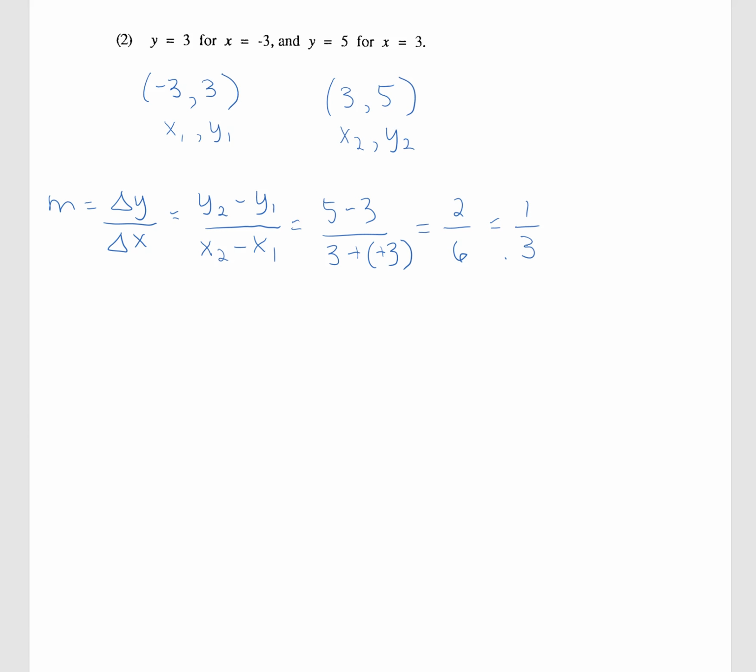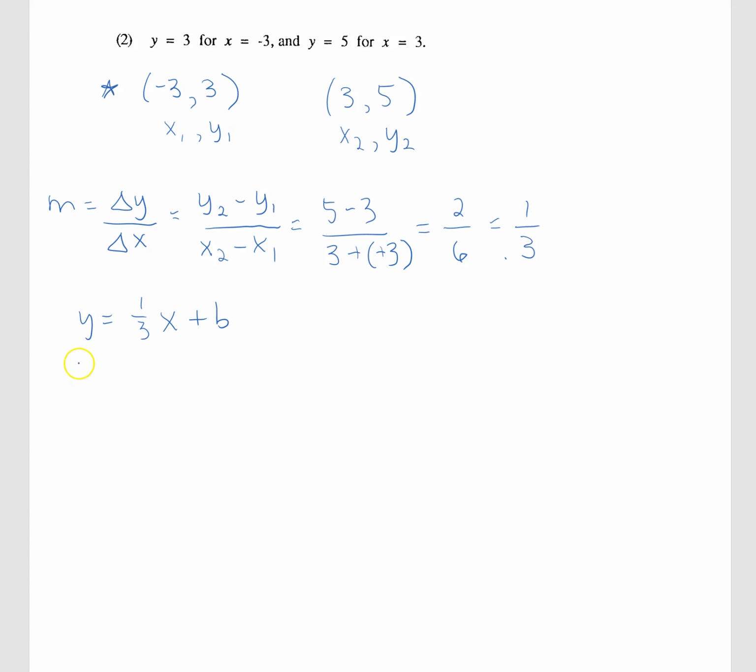So now I'm going to plug in what I know into my general equation, y equals mx plus b. So this gives me y equals 1/3 times x plus b. And just like we did in the last problem to find b, we simply plug in one point that we know is on our line. I'm just going to pick this first point to plug in.